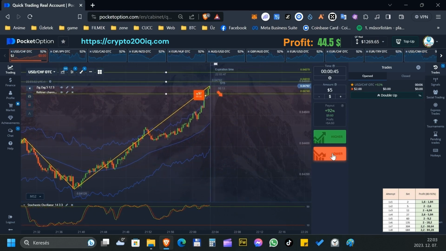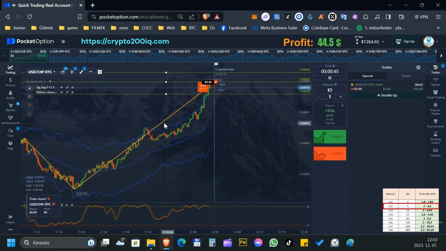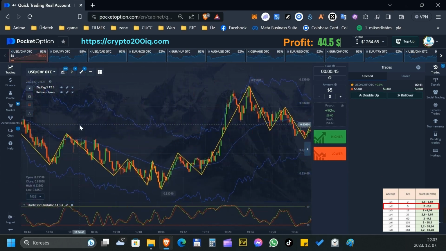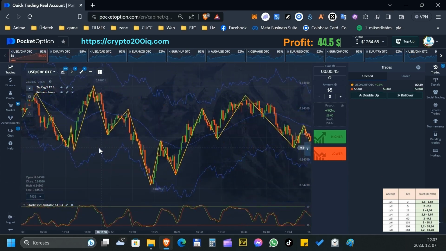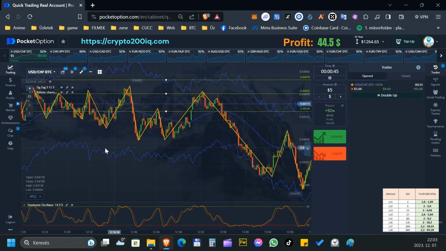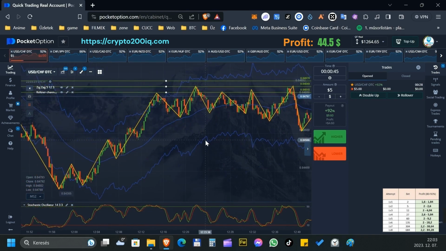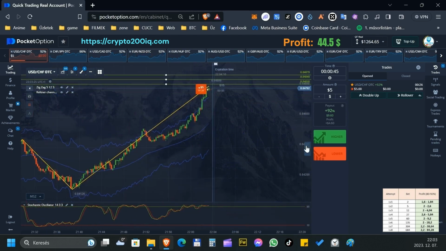Looks like we're going to lose the first one. We placed the second stake. Quickly, let's check if there's a reachable peak somewhere. Let's see where the next bounce level could be.